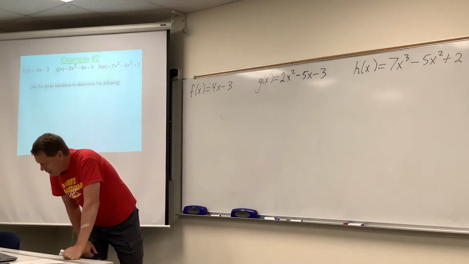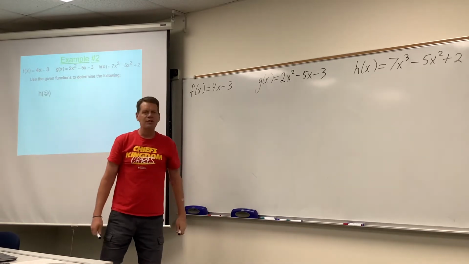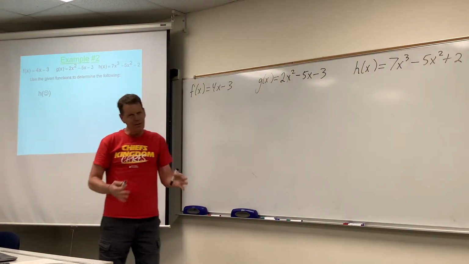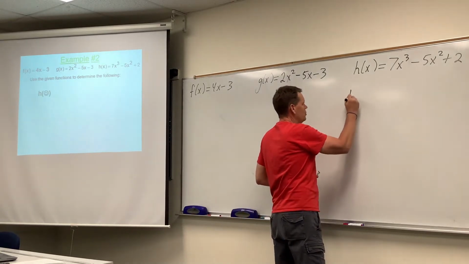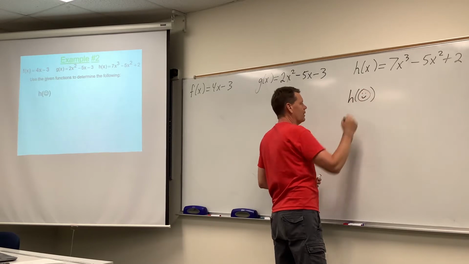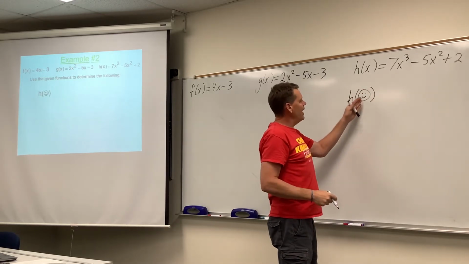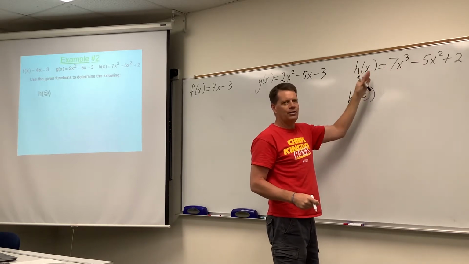Here we go. So use these 3 functions to determine the following. H of smiley face. I just wanted to get across the idea that first of all, the h is asking us to use that function over there, and we're going to do what? It's just a pattern. H of something, that something takes the place of x. This is like a pattern to follow.